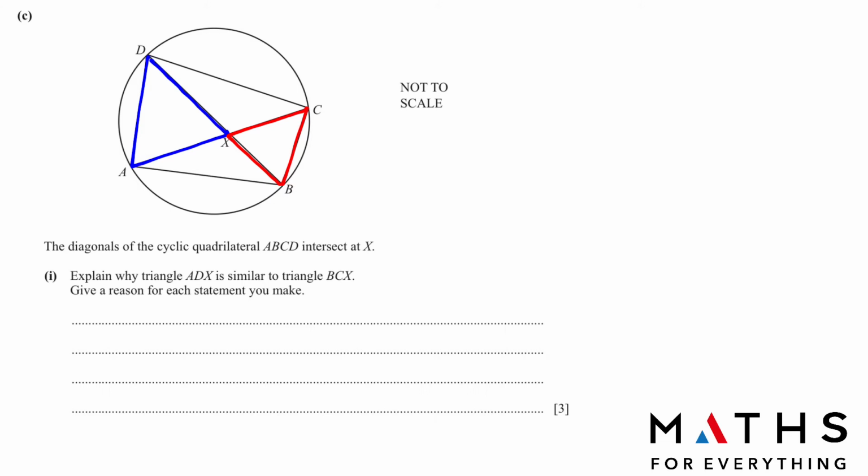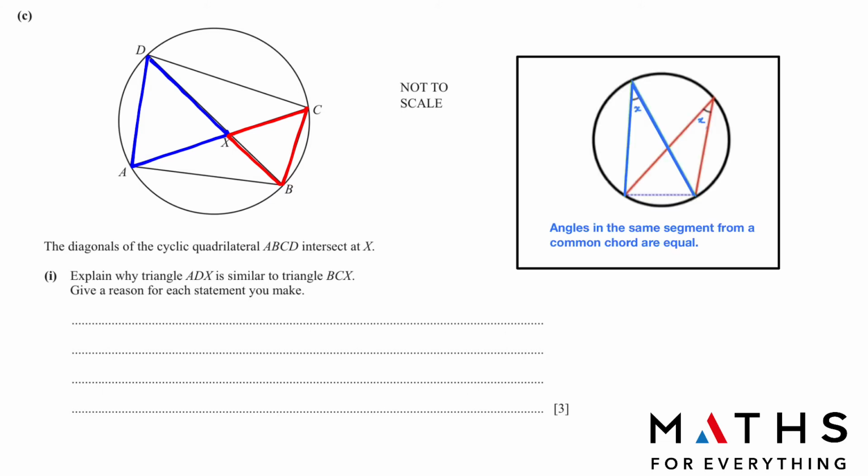To solve this, you must know your circle theorems. The one that we will need now is angles in the same segment from a common chord are equal. We have a common chord AB. From AB, which 2 angles are joined to the circumference? B and C. So that's the first one we got.